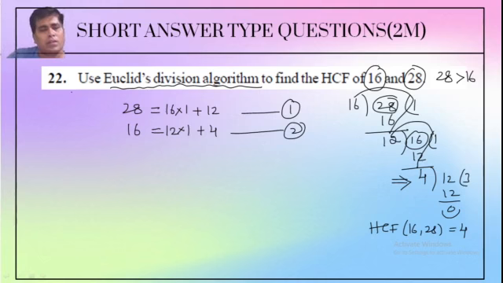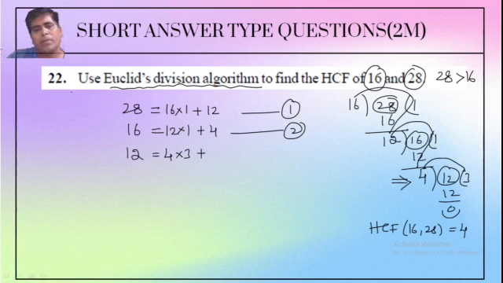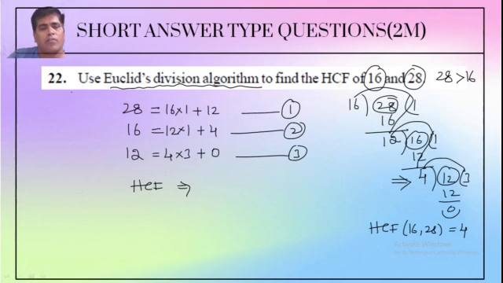Similarly, 12 can be written as dividend equals divisor into quotient plus remainder. The remainder is 0. So this is the third step. So what is the HCF? The HCF is 4.